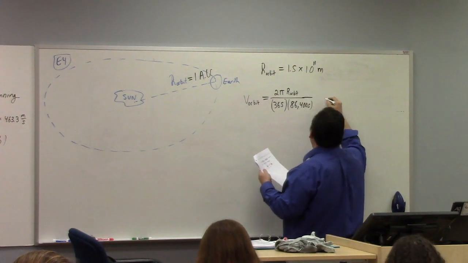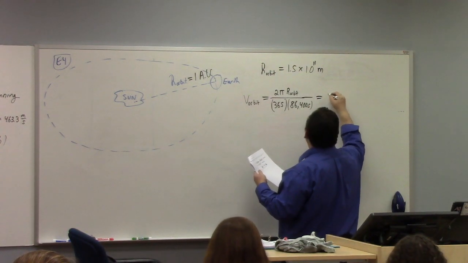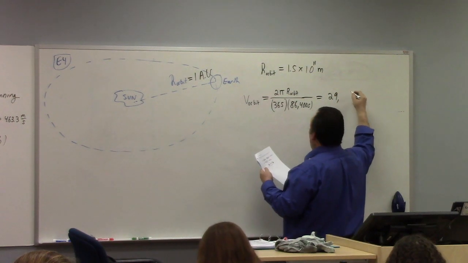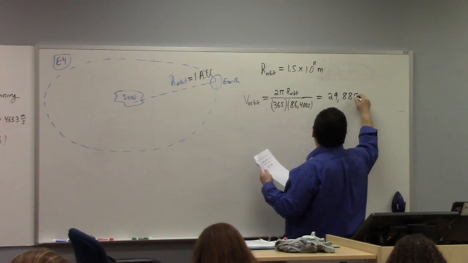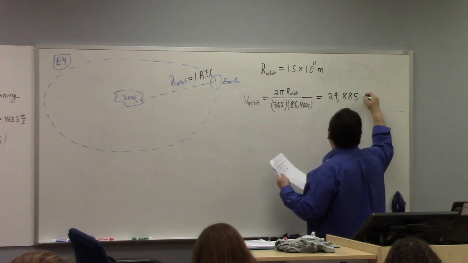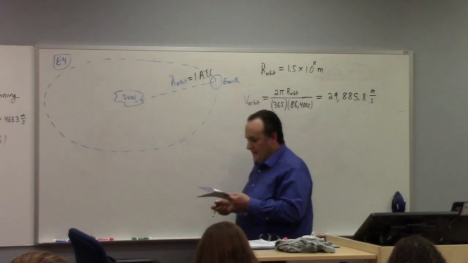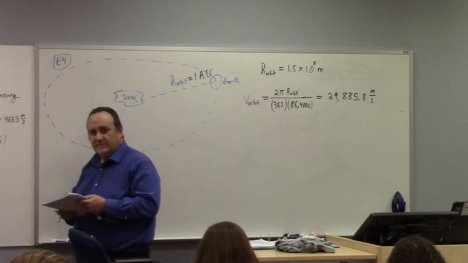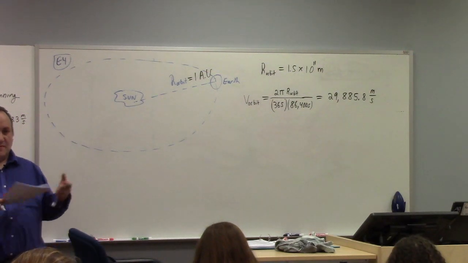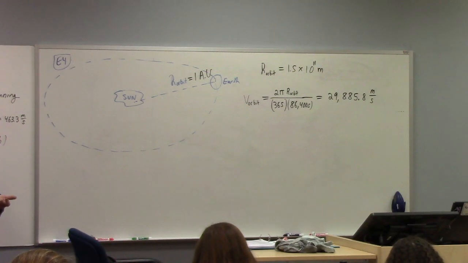If you do the math, it works out to 29,885.8 meters per second. Good grief, why can't we feel this? That speed is tremendous, right? We should feel this, shouldn't we?